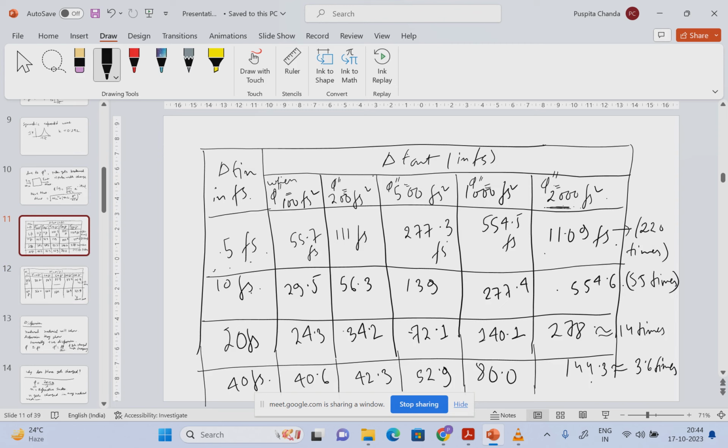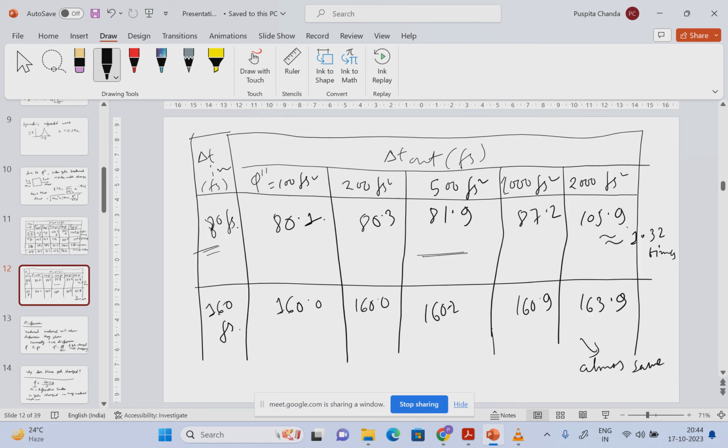But even 100 femtosecond square group delay dispersion is more than enough to destroy a 5 femtosecond pulse. Conclude: the bigger the delta T in, the less the effect.